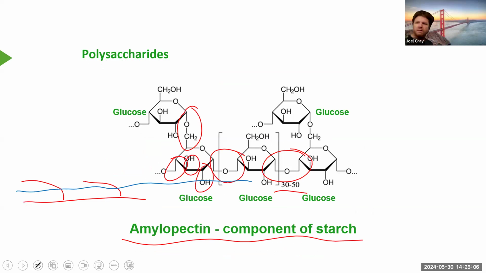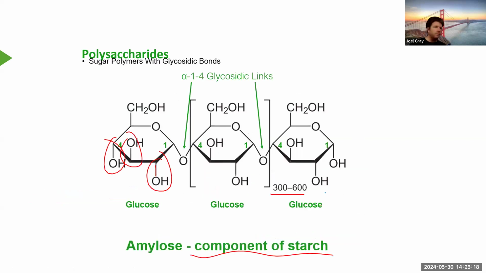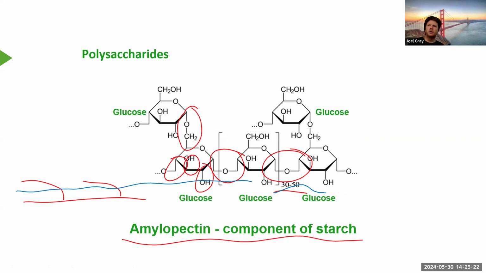Now, can you have multiple of those amylopectins associated with a single amylose? Sure. Think about the length of an amylopectin molecule and the length of an amylose molecule, 300 to 600 versus 30 to 50. So let's say hypothetically, we've got a molecule that looks like that.